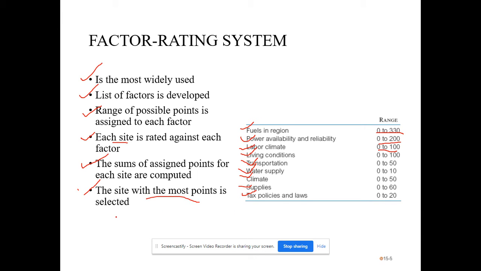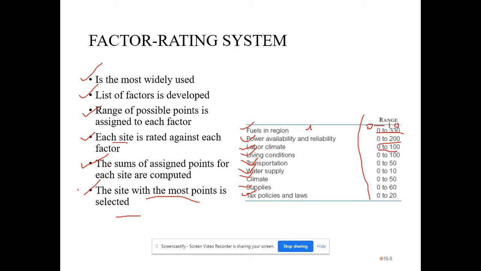Sometimes, rather than 0 to 330, 0 to 200, you select all the ranges the same, say 0 to 10. In that case you assign weights.